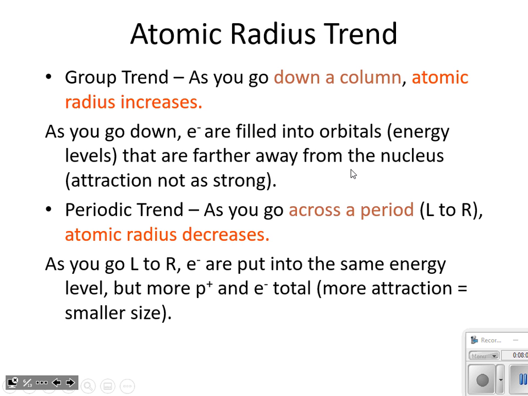Probably because francium will react pretty violently, so maybe they can't determine the radius, would be my guess. But when I'm thinking about atomic radius, I'm thinking about francium, because that's where my arrows point to being the biggest atomic radii.